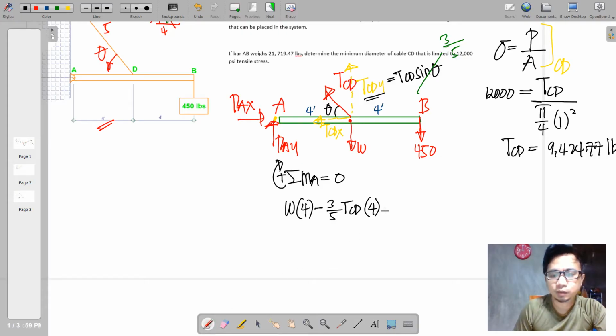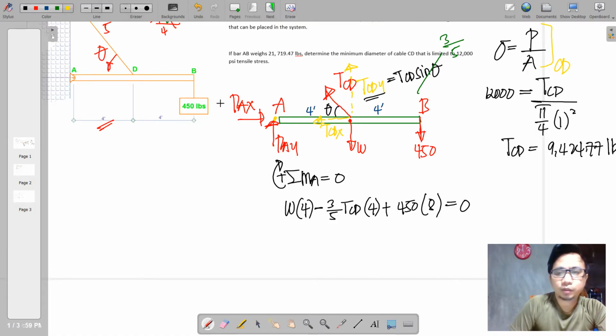Then next, we have here 450 times 8, and all of this will now be equal to 0. Okay, so we're concerned with W here. This time we are going to consider the limit computed from its allowable and the cross-sectional area.